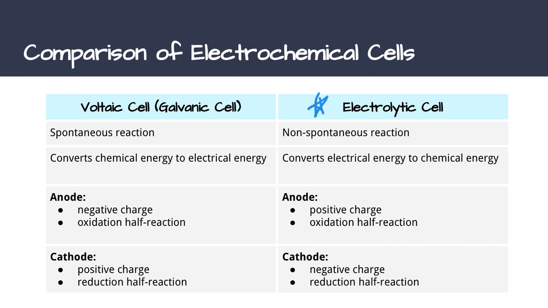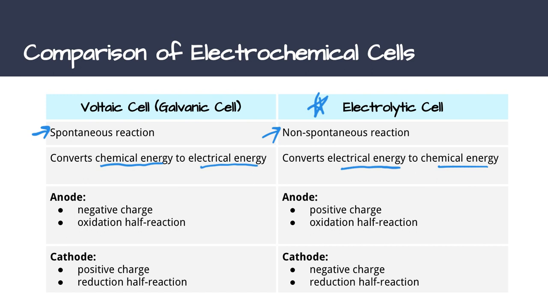A voltaic cell is based on a spontaneous reaction, whereas an electrolytic cell is based on a non-spontaneous reaction. That's a big difference between the two. Voltaic cells convert chemical energy into electrical energy, whereas electrolytic cells do the opposite. They take electrical energy and convert it to chemical energy.